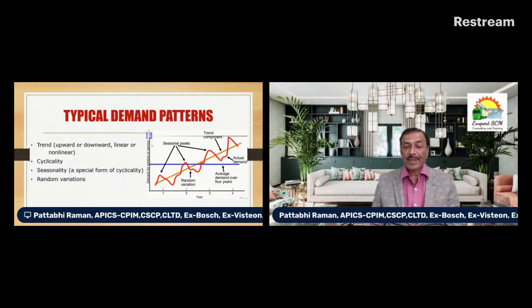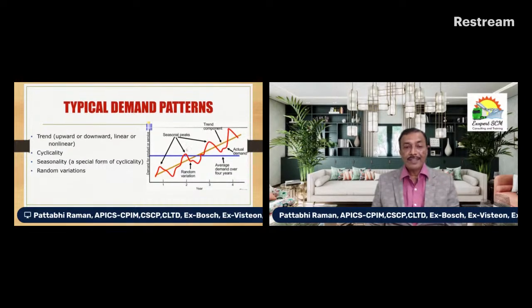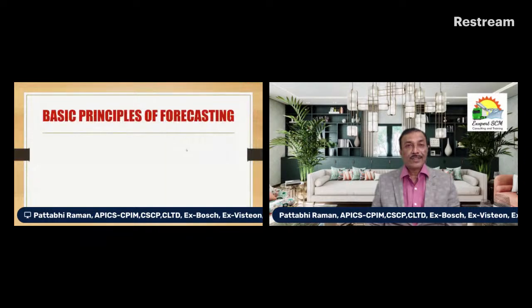And random variation you can see in the picture. All these are present in most of the previous data, especially if you are comparing the last 3 or 4 years of data. All this is a possibility. You need to account for these types of patterns in the data, and you should also be aware of some basic principles about forecasting.